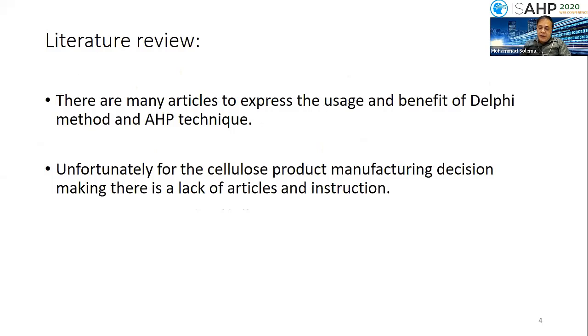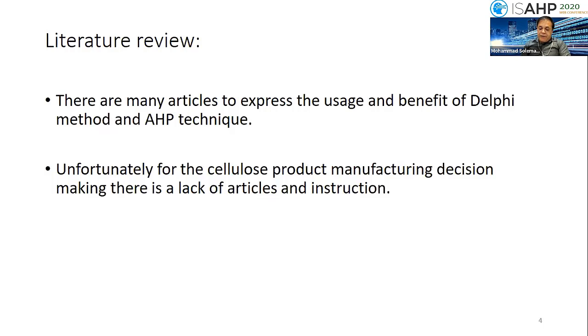Nowadays, the ISAHP technique is a very common and popular solution for decision making in complex problems. There are many articles expressing the usage and benefit of the Delphi method and the ISAHP technique, but not as a combination method. We can use the Delphi method to obtain the major criteria and major alternatives and use them in the ISAHP method.